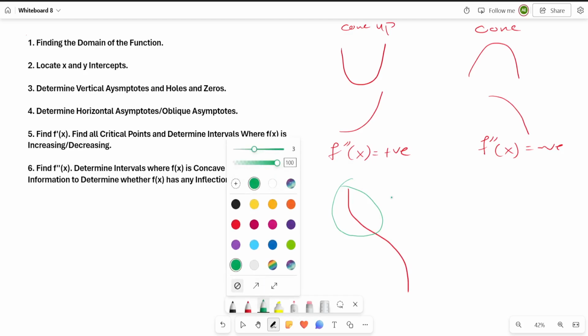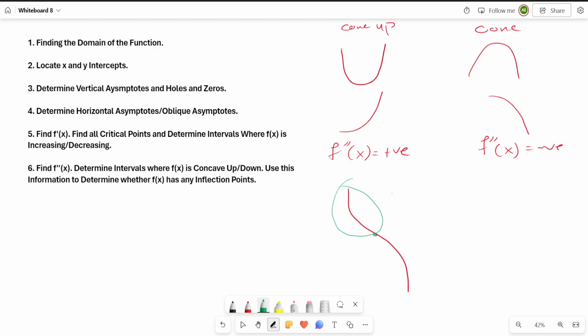However, the next part, after this green point, tends to have a shape like this, which is a negative concavity. So the point where concavity changes is called an inflection point. Here it changed from concave up into concave down, so this point is an inflection point.